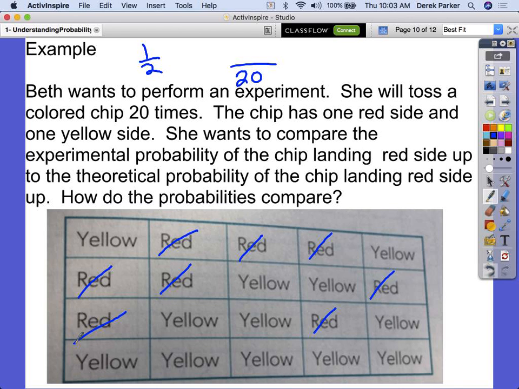Okay? 8/20ths. Go ahead and simplify by 4. And I'm going to end up getting 2/5, which is equivalent to 40%. Now, is it 50%? No. But is it close to 50%? Yes. So our experimental probability here is 40%. In theory, though, it should have been 50%.